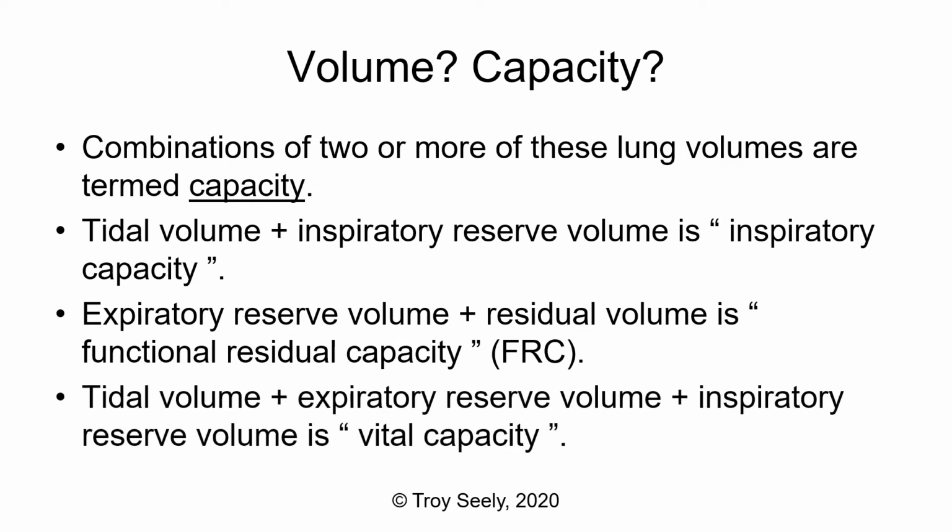And tidal volume plus expiratory reserve volume and inspiratory reserve volume is vital capacity. So you could argue that vital capacity is all the air you're possibly able to manage at a normal level of breathing, deep breath in, deep breath out, everything you can, with the exception of residual volume.